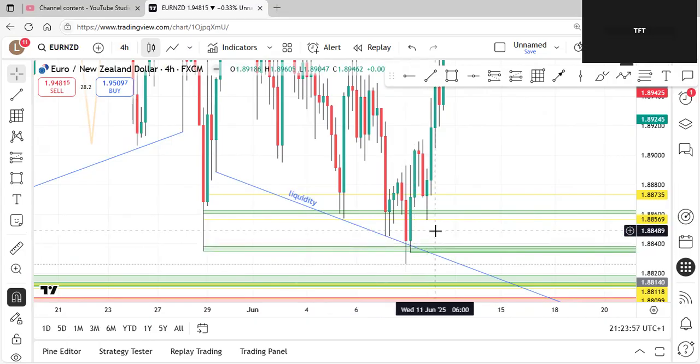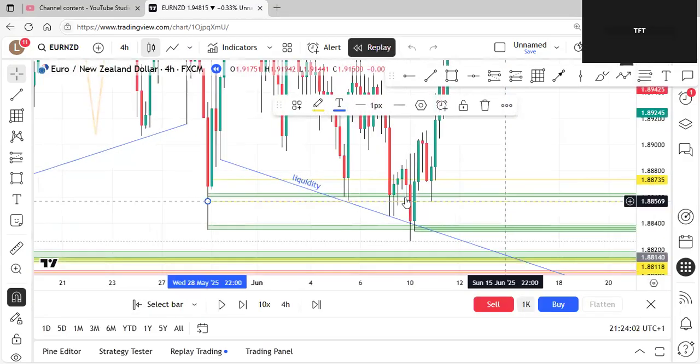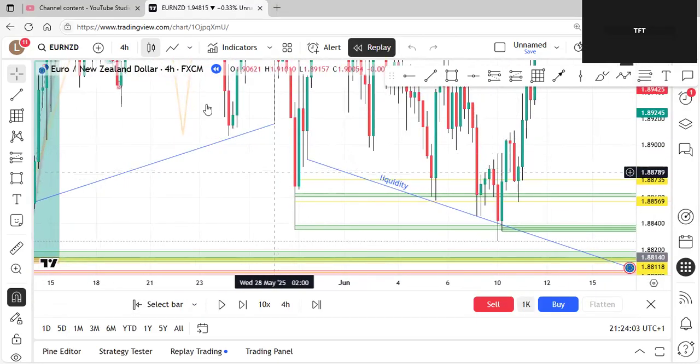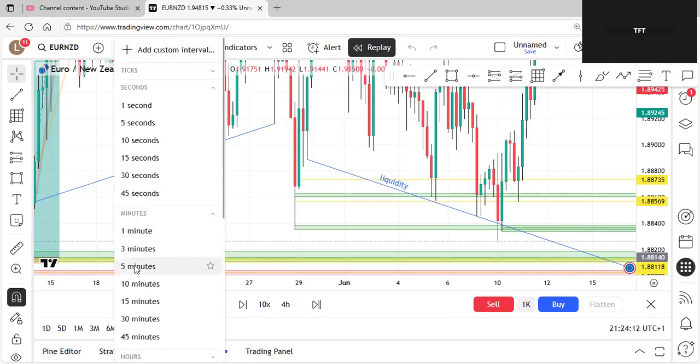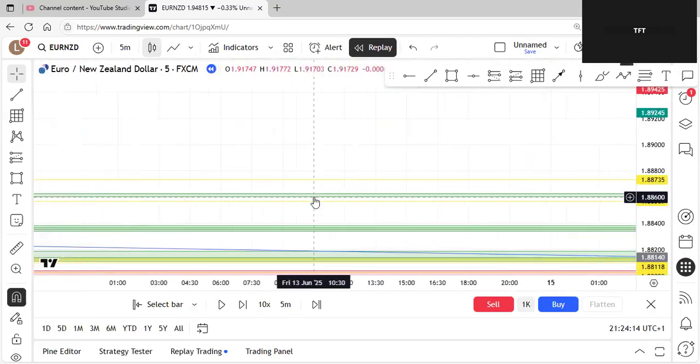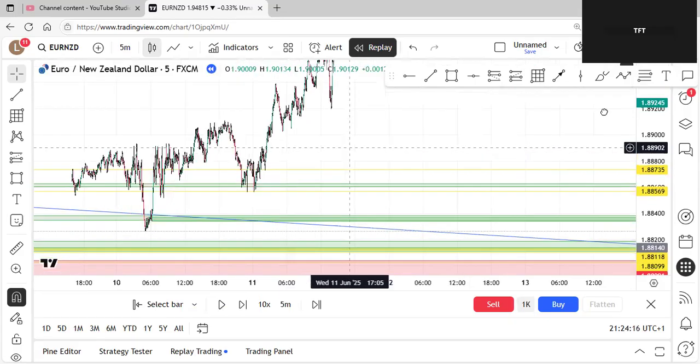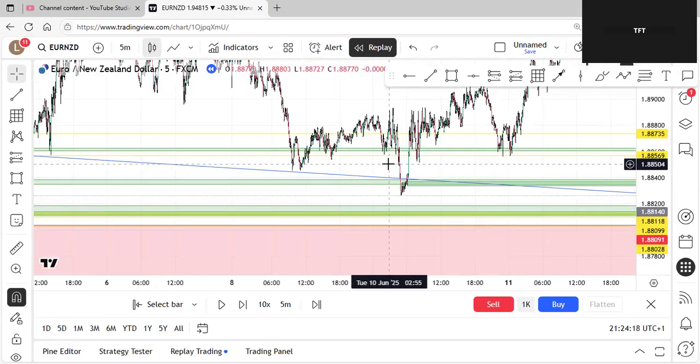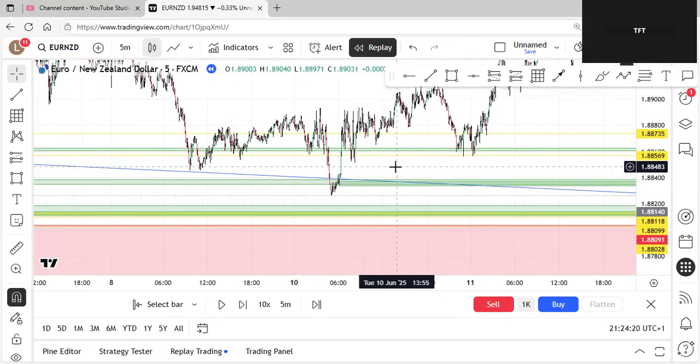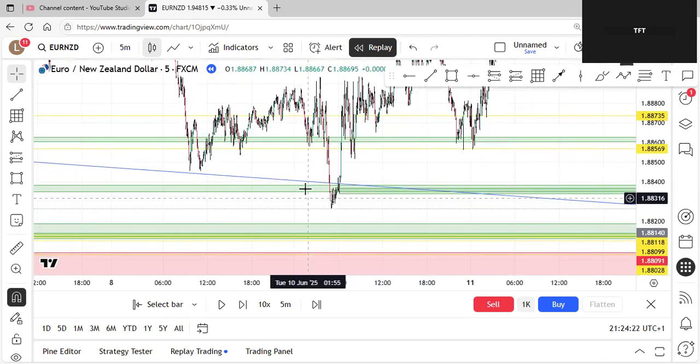So that doesn't mean it's going to reverse or continue in the direction. We just know that price wants to pass beyond it. So what happens after price passes beyond it is what I would always recommend we are looking to do. So, like I say, price passes this blue line, it sweeps it here.